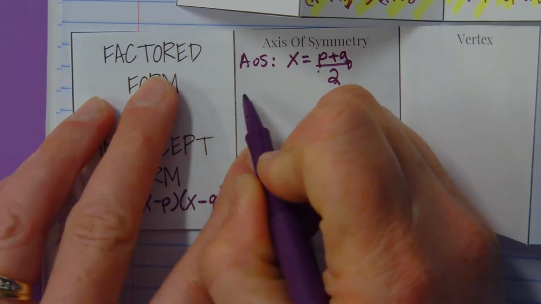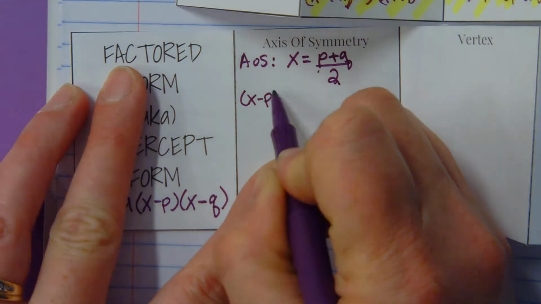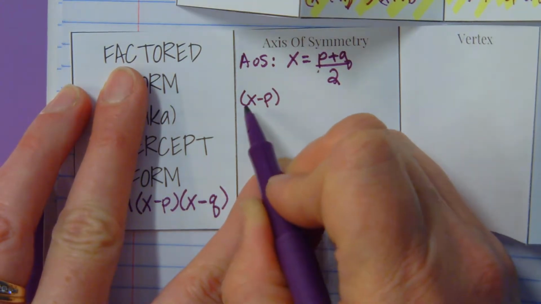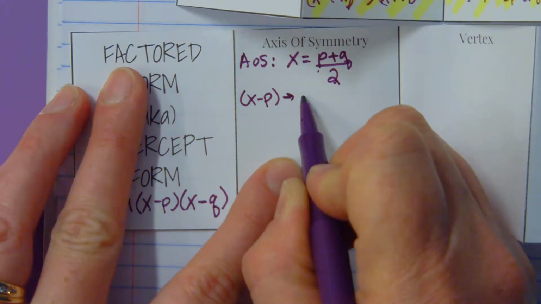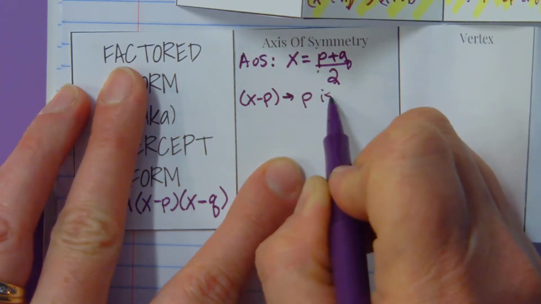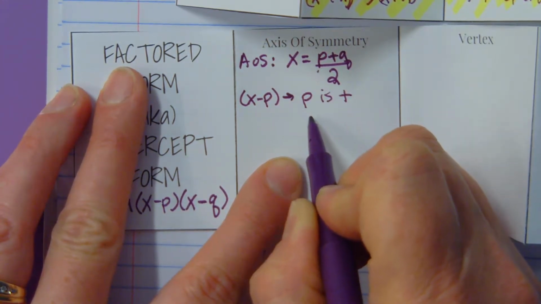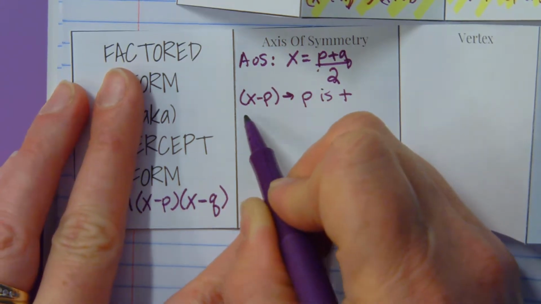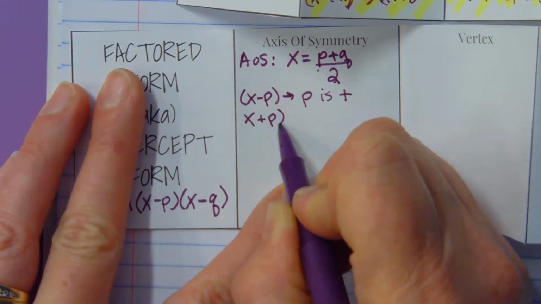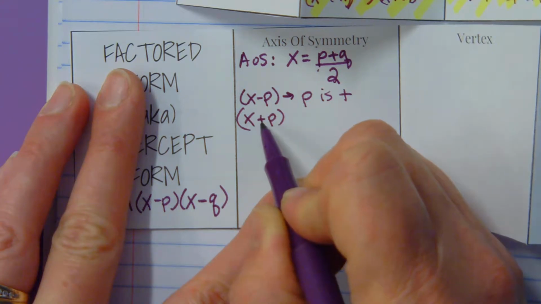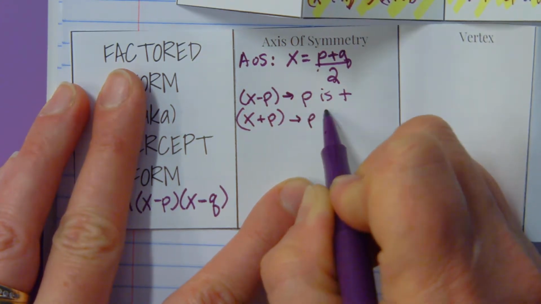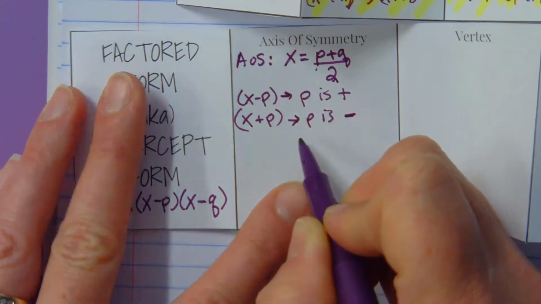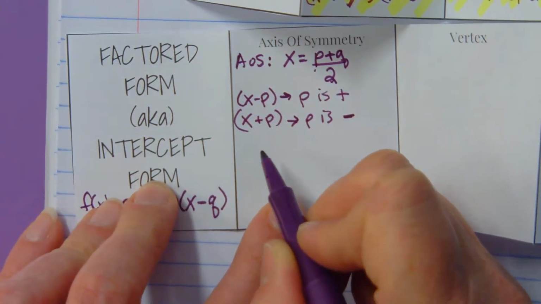And so remember we have x minus p, and if it's x minus p, this is the format, then we have a positive p value. And if it's x plus p, then it meant it was x minus negative p, which means that now our p is negative. And same thing for our q value.